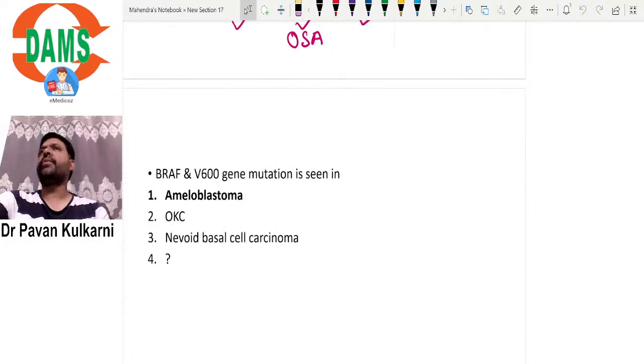This was a genetic question based on the mutation in ameloblastoma. BRAF gene V600 mutation is seen in ameloblastoma. That's the correct answer.